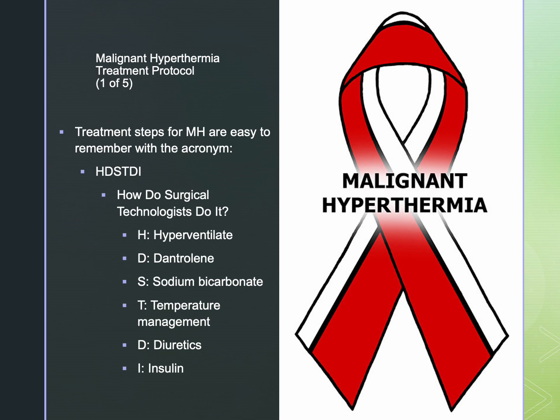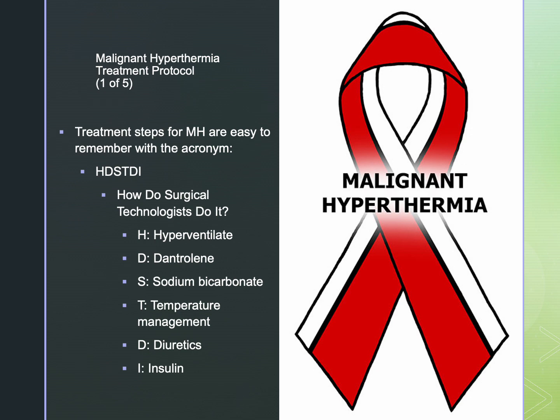The S in the acronym stands for sodium bicarbonate, and sodium bicarbonate is used to counteract the metabolic acidosis caused by the increase in carbon dioxide and hyperkalemia, too much potassium. The T stands for temperature management. So we need to get ice, and we need to get it fast, and we need to pack the groin, the axilla, and the neck with ice.